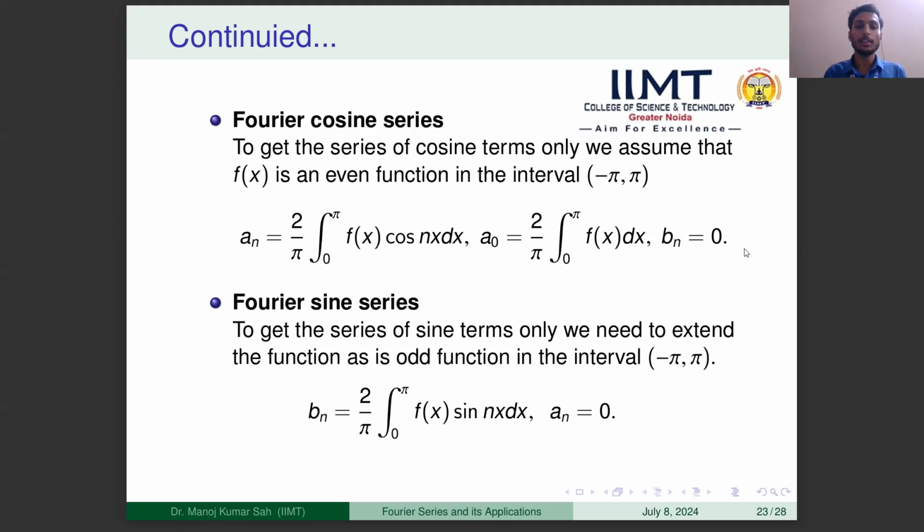That is, the function is an odd function in the interval minus pi to pi. In that case, you will get the value of b n equal to 2 upon pi integration running from 0 to pi f of x sin n x dx, and a n equal to 0 because there is no cosine term and constant term.